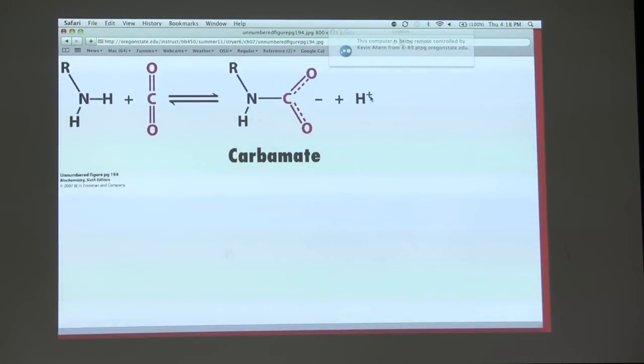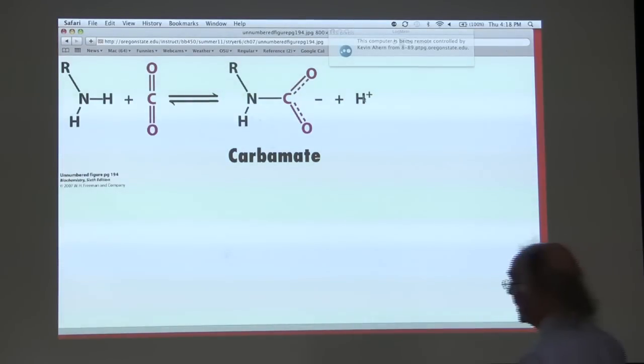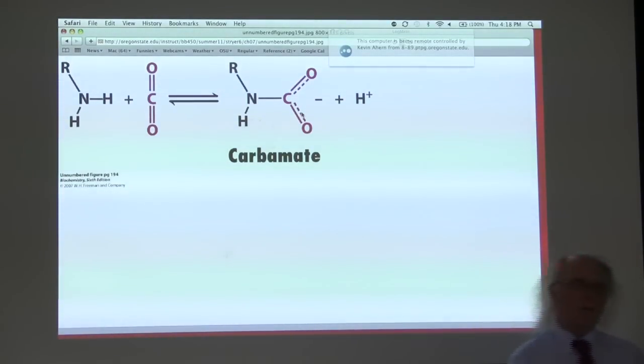It can go out and bind to another histidine and stimulate this process. We see a snowballing of the process. This is really a very efficient way to get more and more histidines full of carbon dioxide to release more and more protons and thus stimulate release of more and more oxygen. It's a snowball process.